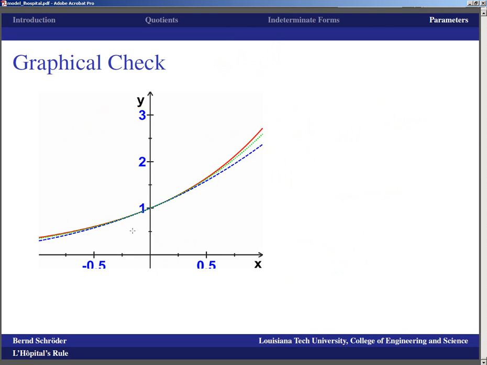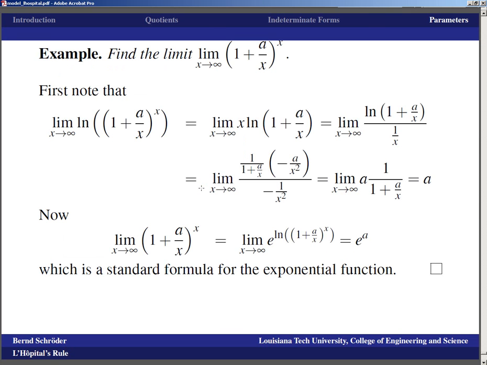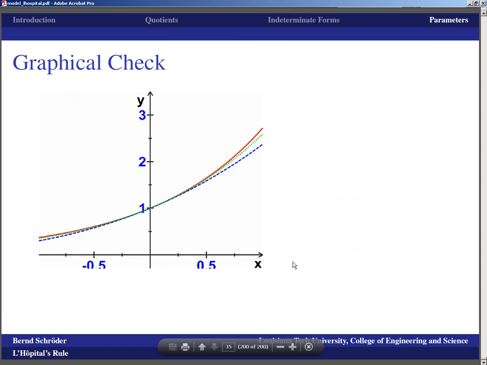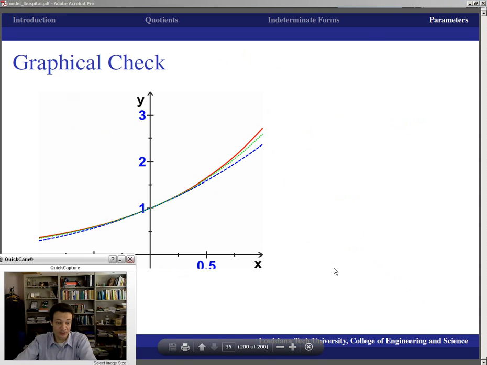Graphically speaking, I should have said which a I'm using here. X went to infinity, so the input actually is a here, not x. But basically, as I let the exponent go to infinity, these functions get closer and closer to the exponential function. All right, that's L'Hopital's rule.